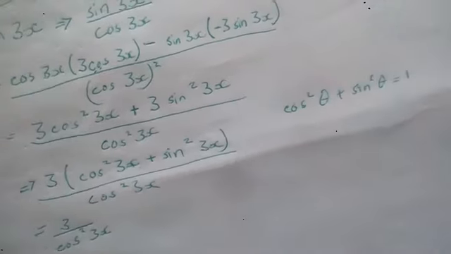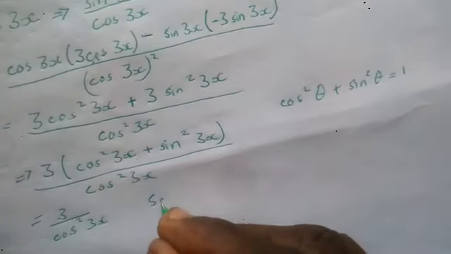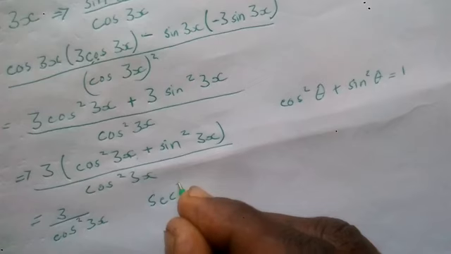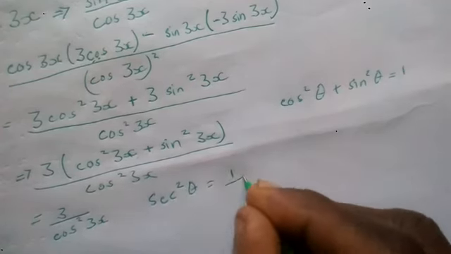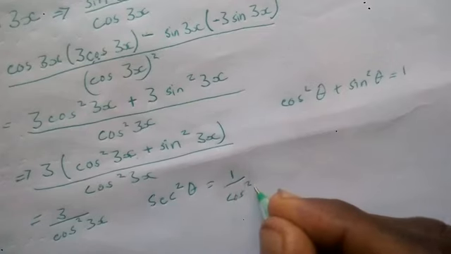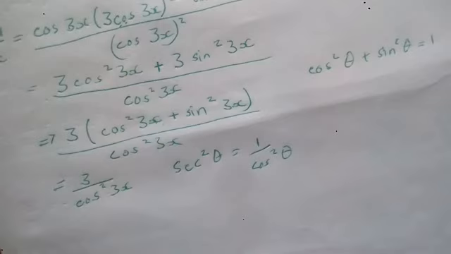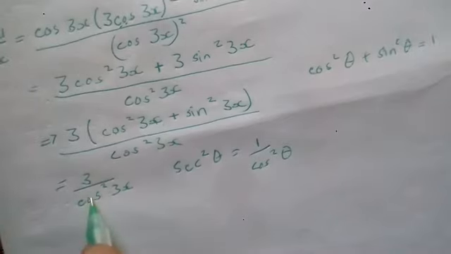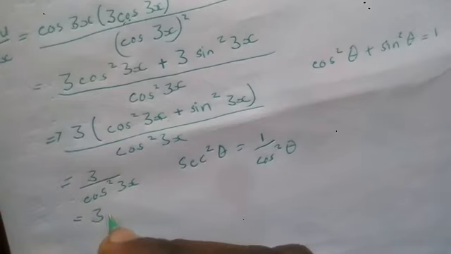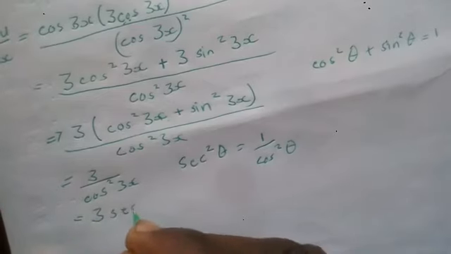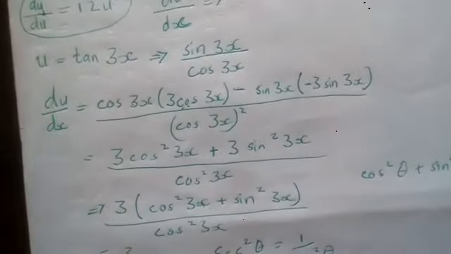And remember, in trigonometry, sec squared theta is equal to 1 over cos squared theta. So here we replace this with sec squared, which will be equal to 3 sec squared 3x. Already we have this one.